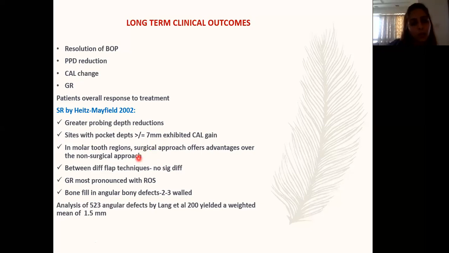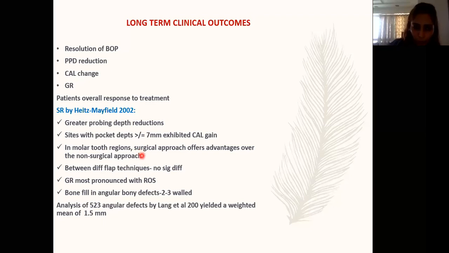And here, a mention of the critical probing depths. That concept was laid down by Lindhe et al., which was 2.9 mm for the non-surgical treatment and around 4.2 mm for the surgical approach. So in the molars, definitely the surgical approach offered advantage. In the anterior region, it was about 6 to 7 mm.